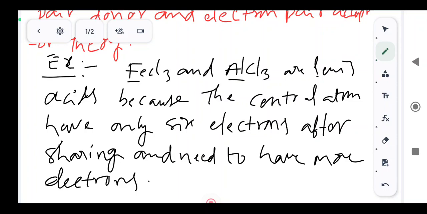So the central atom having only 6 electrons wants more electrons.